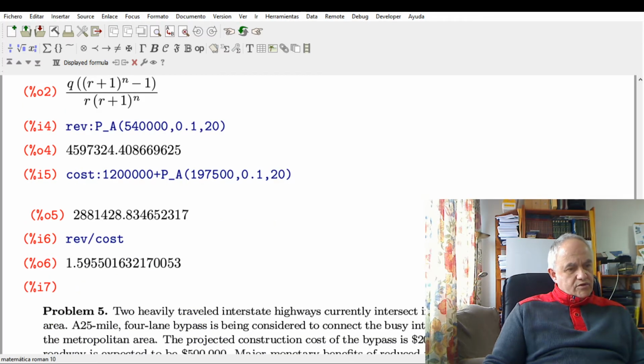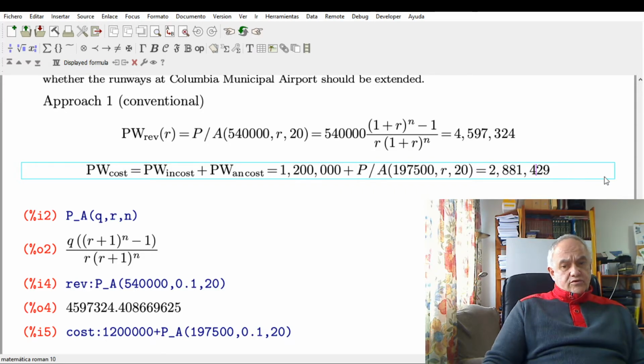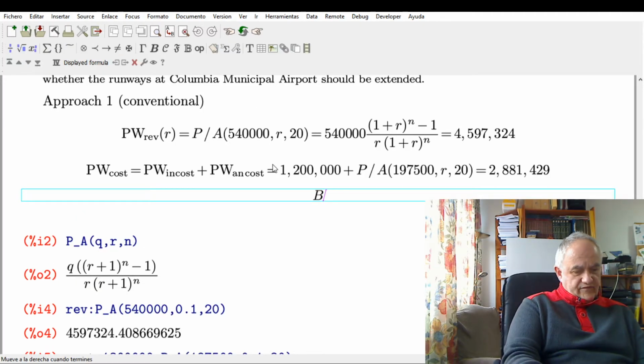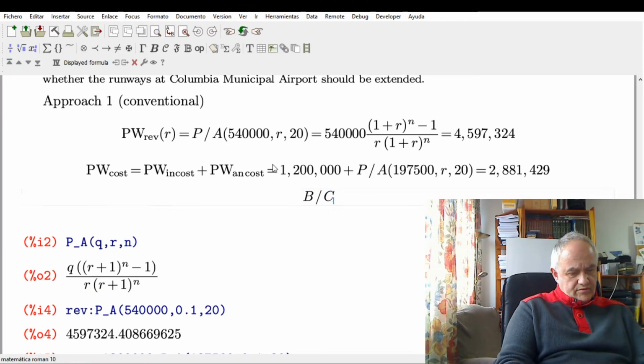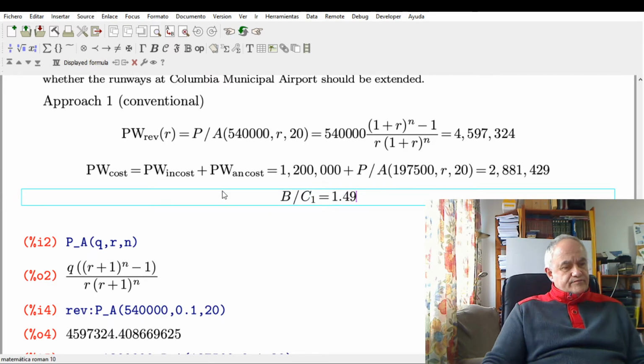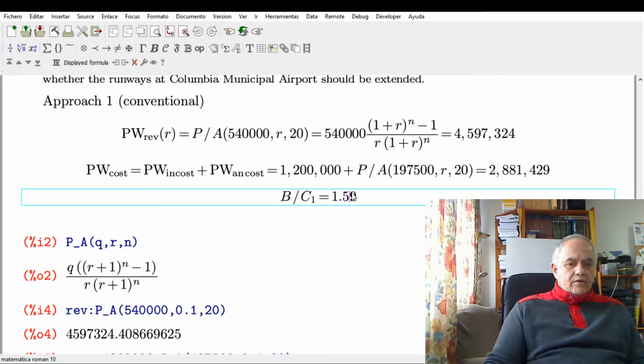How much was this? 4,728. Okay. So, benefit cost ratio. Benefit cost ratio version 1 will have a value of 1.59. That means that for each dollar you spend in the project at any moment, you obtain an extra half dollar, 50 cents, 60 cents.